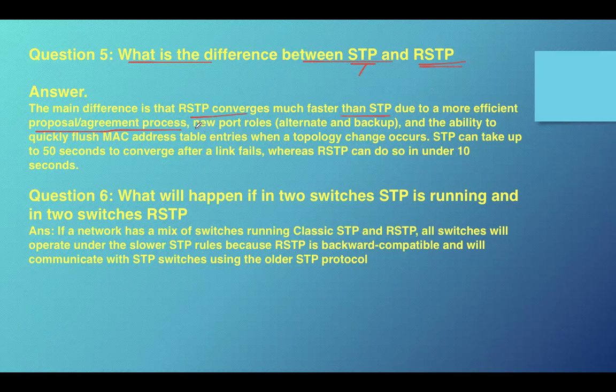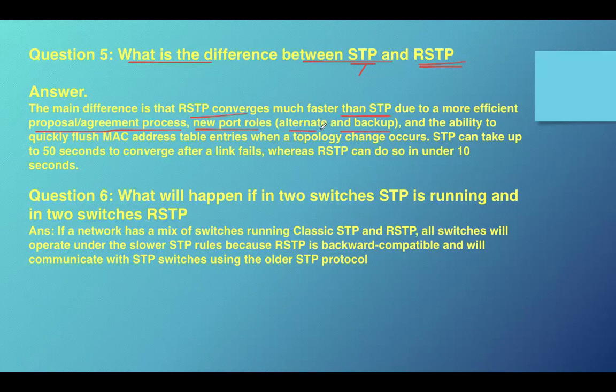But then there are new port roles in RSTP. We have only three port states: blocking, disabled, blocking and listening fall into the discarding state, and then we have learning and forwarding. You also have alternate and backup.